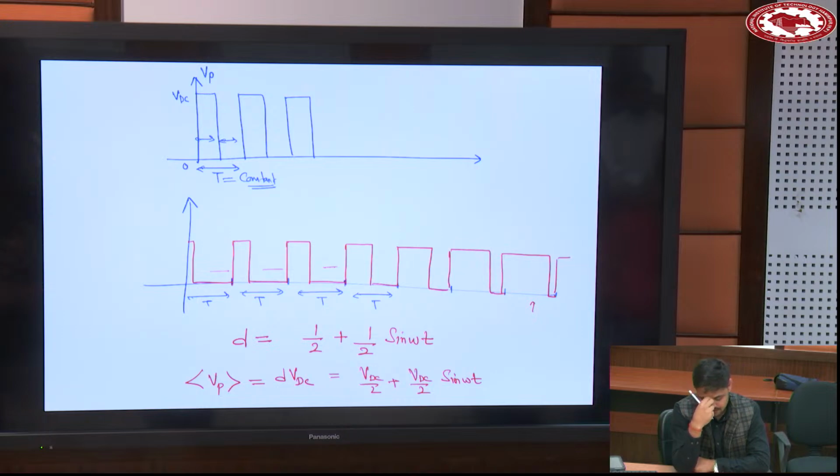Okay. So if VDC is there, what is the peak value you can get for AC? If VDC is fixed, what is the peak value of AC you can get?